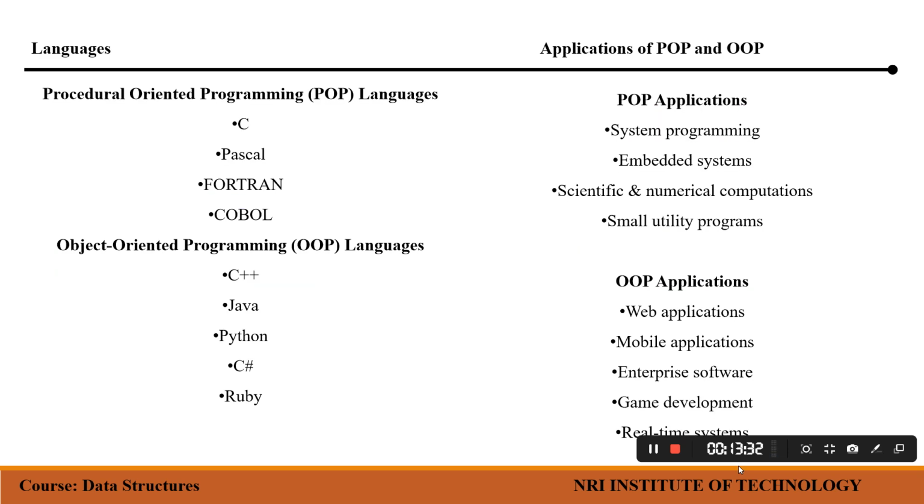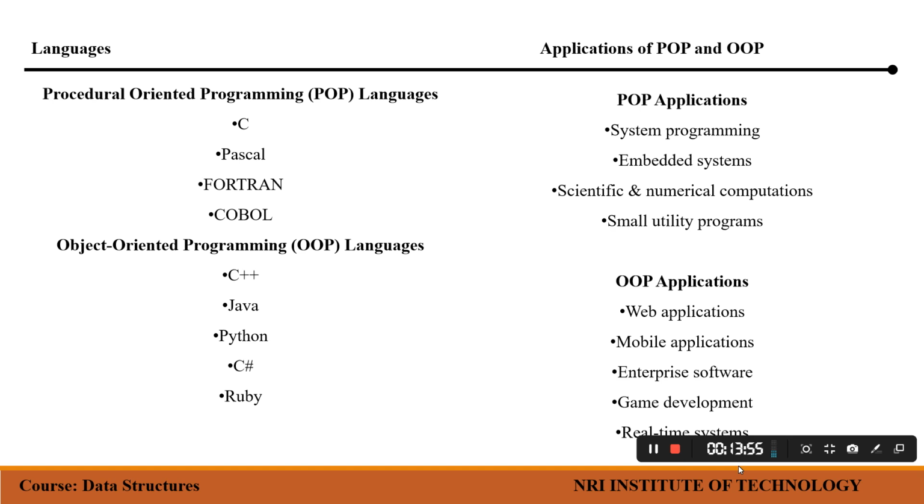Next, coming to various languages under procedure-oriented programming and object-oriented programming paradigm. Under procedure-oriented programming paradigm, C, Pascal, Fortran, COBOL, and under object-oriented programming, C++, Java, Python, C Sharp, Ruby. Applications of procedure-oriented programming and object-oriented programming.